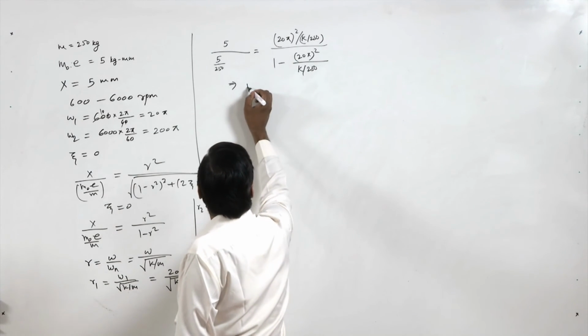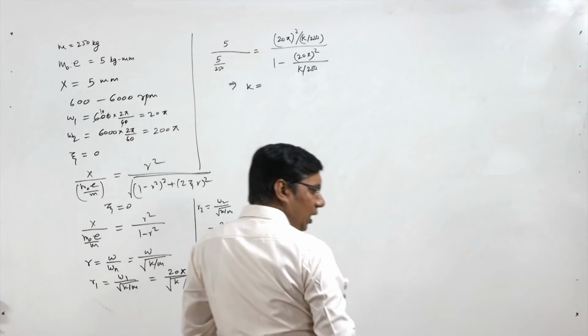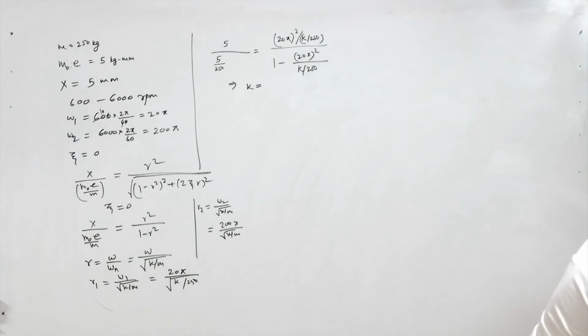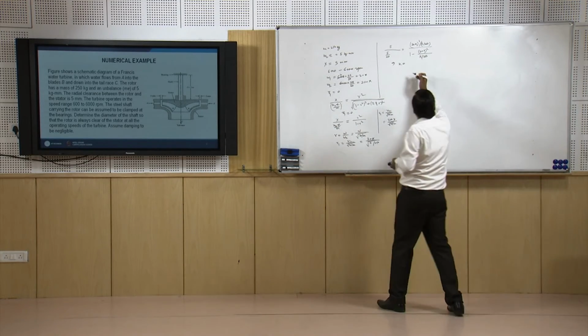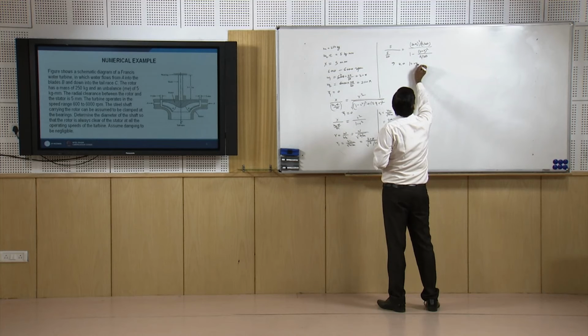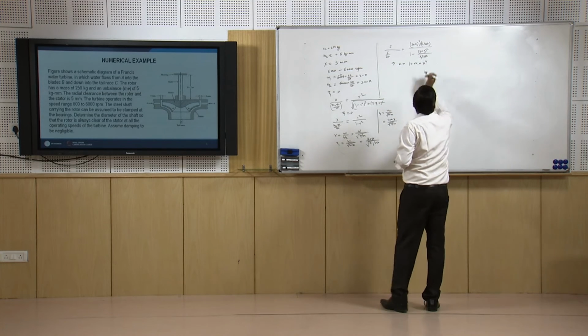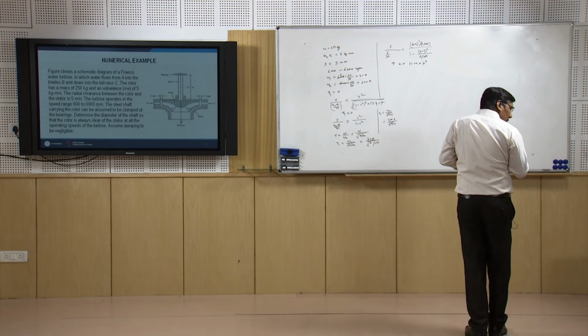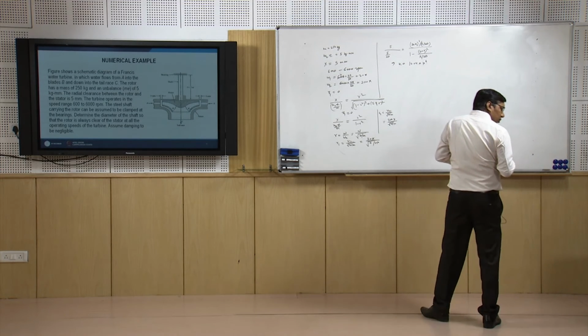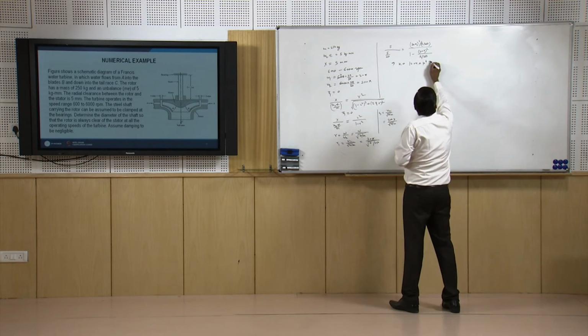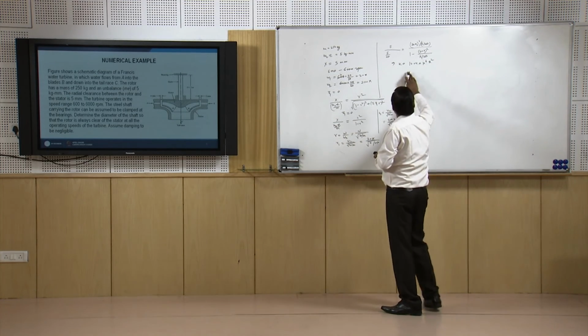So from here we can get k, and if we calculate k, we get 10.04 into 10 power 4 into pi square in MKS unit.